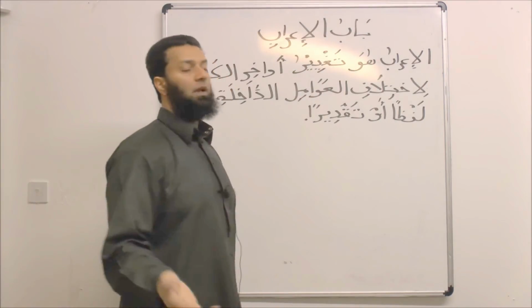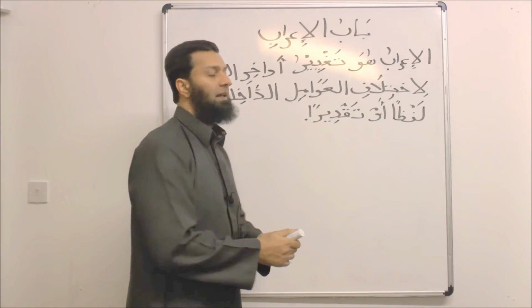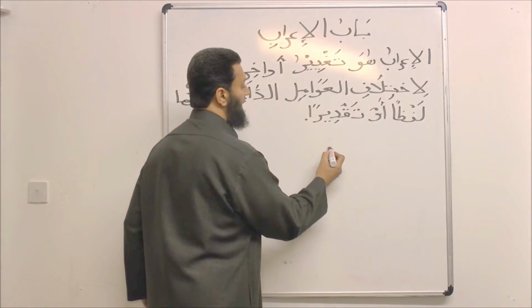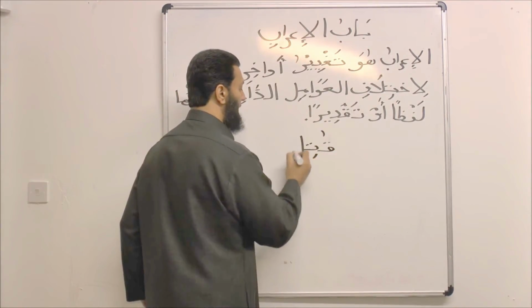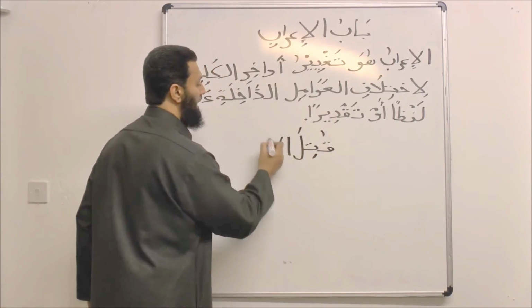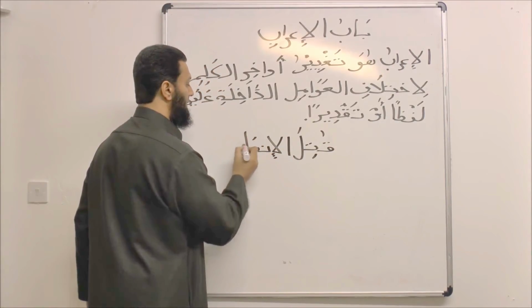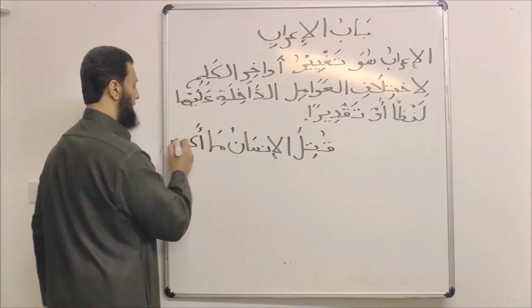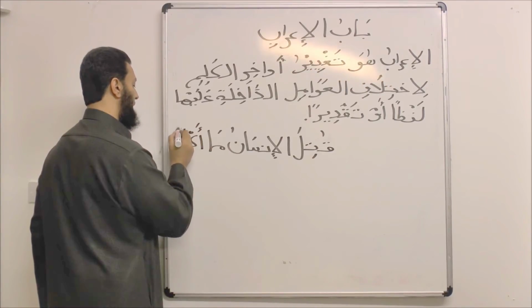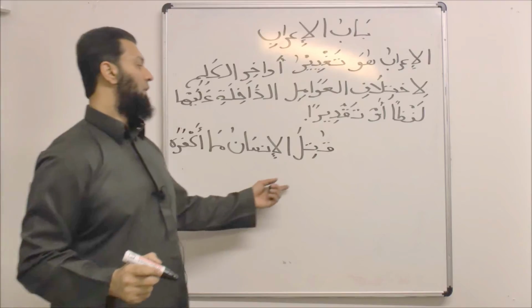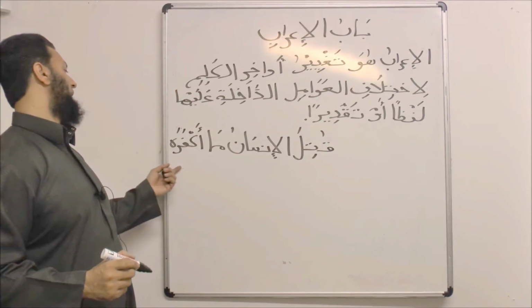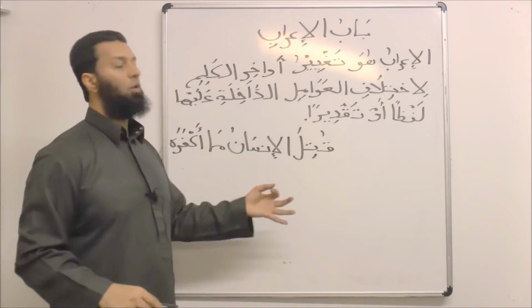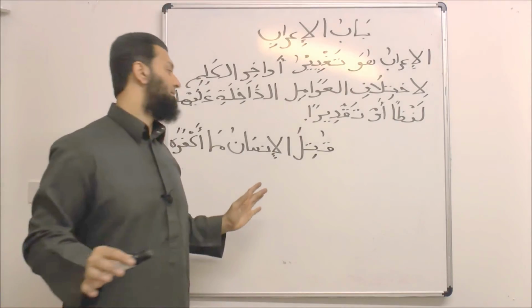So for example, consider the three ayat, the first in Surah Abasa. قتل الإنسان ما أكفره. حسنا. قتل means he is cursed. فعل ماض.